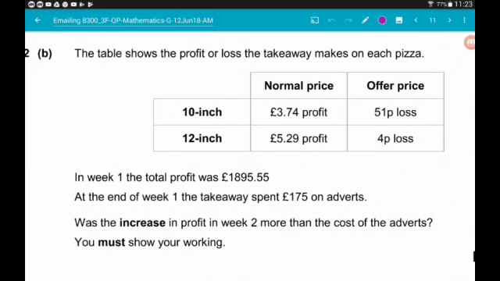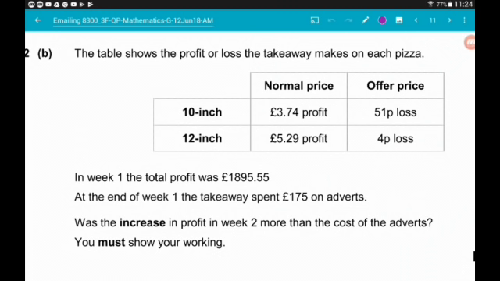So the table shows information about profit and loss the takeaway makes on each pizza. In week 1, the profit was £1,895.55p. At the end of week 1, the takeaway spent £175 on adverts.